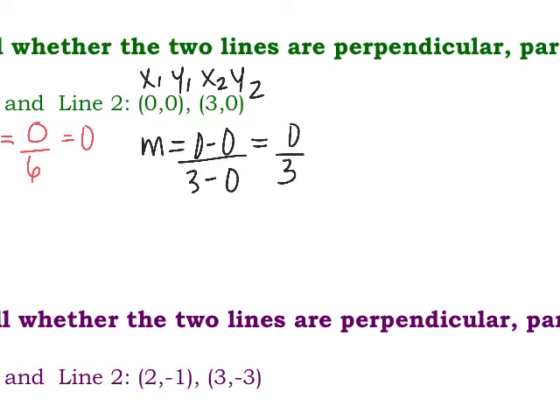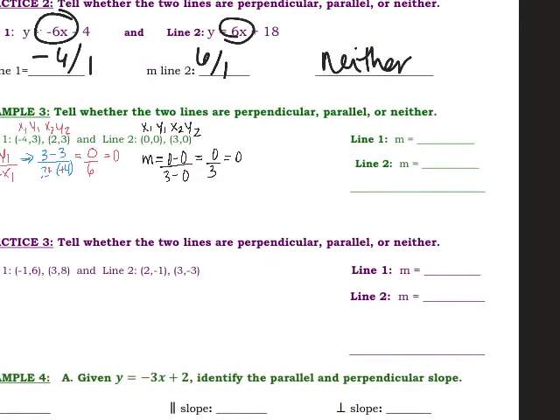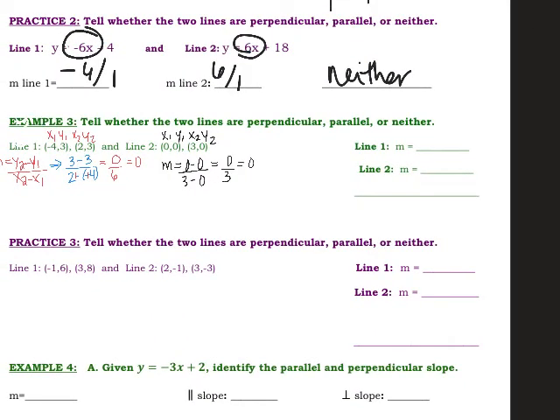When you divide that, what do you get? 0. So if you actually divide it in your calculator, what do you see? That they're what type of slopes? Parallel, right? Because they're the same. So some students might not have seen it because they're leaving it at 0/6 and 0/3, but those are zero slopes. All right, so I'm going to give you a moment to try practice 3.